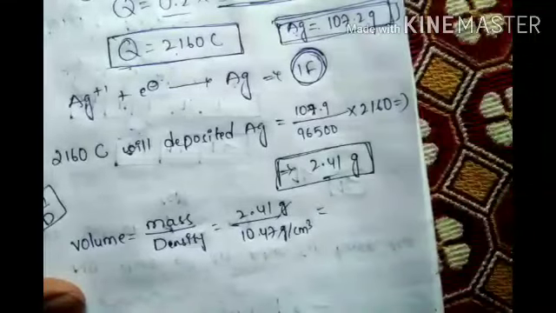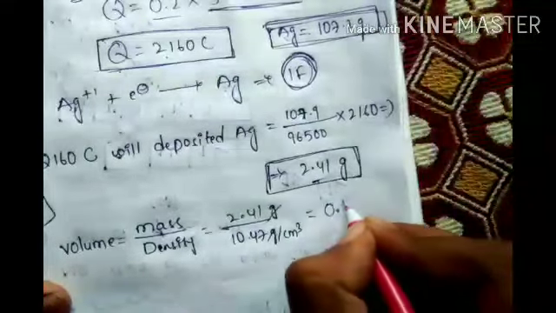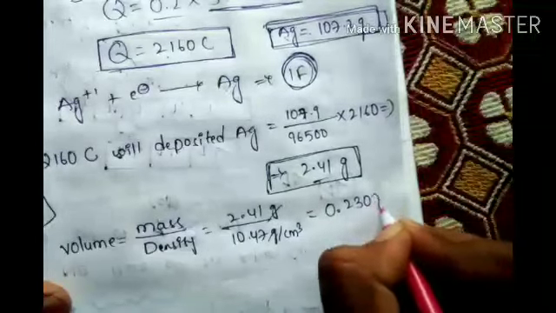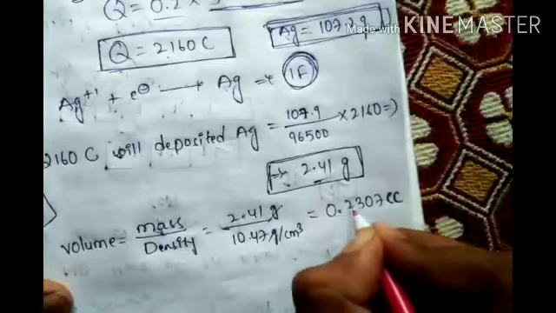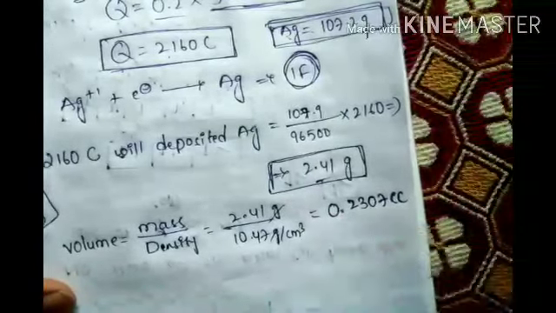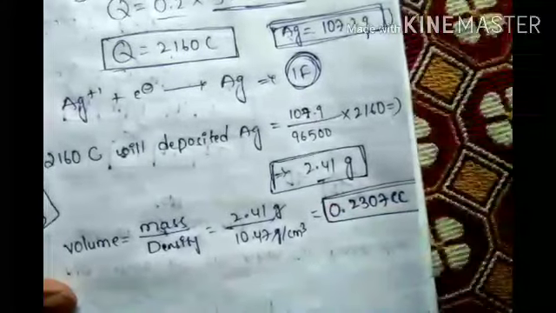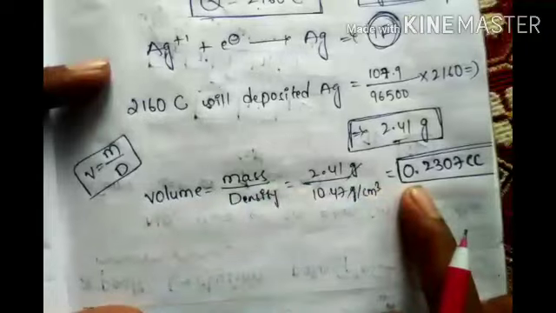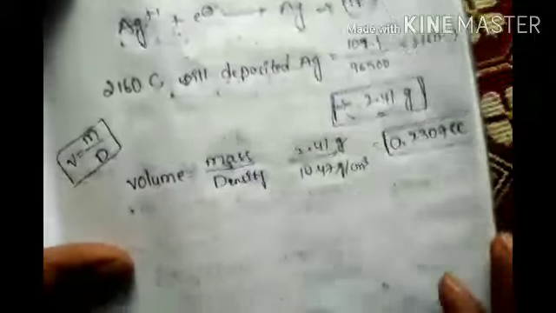Now volume is coming: 0.2307 cubic centimeter. Volume we got. Now after volume, what we have to find out? Area we have to find out.